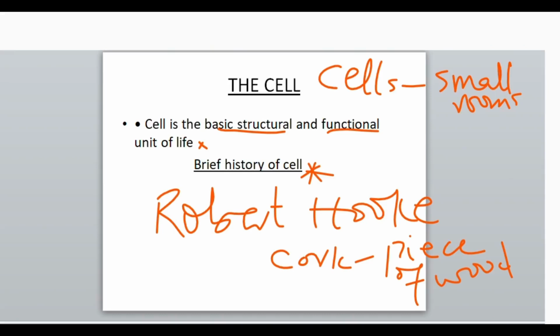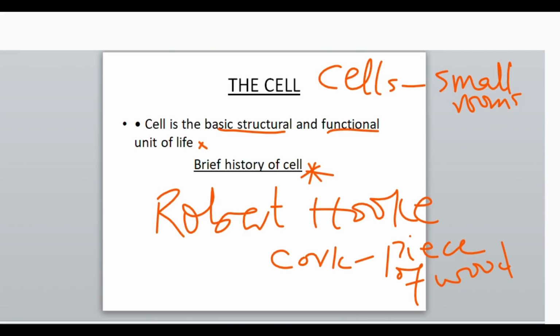That was what Robert Hooke published in 1665. But what he actually saw was the cell wall of the dead cork.